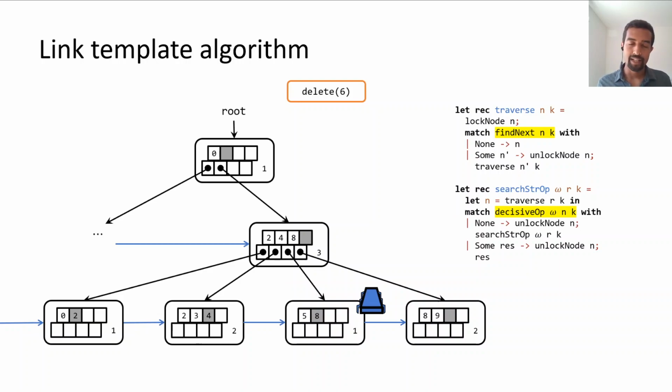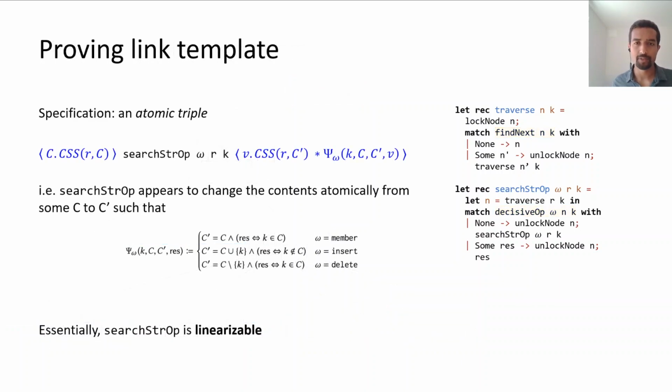So the key is that in this template algorithm, these highlighted helper functions are the sort of holes that must be filled in by a concrete data structure implementation. And our aim is to prove the following specification of this template algorithm. So what you see here is an atomic triple, which intuitively means that search structure op appears to change this concurrent search structure from something that has content C to something that has content C prime, where C and C prime are related by this predicate psi, which is basically the set abstract specification, right?